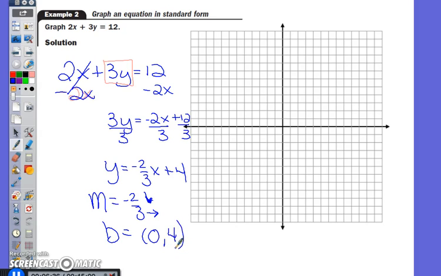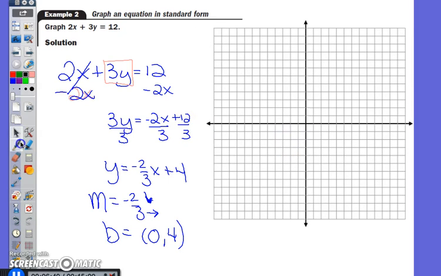So you graph. And I'm going to label your x-axis and your y-axis so you don't get confused. 0, 4, you go 0 on the x, up 4 on the y. Then you go down 2 and over 3. And these are negative slopes, so they should fall from left to right. And this one does.